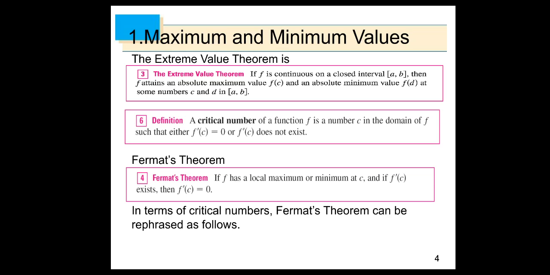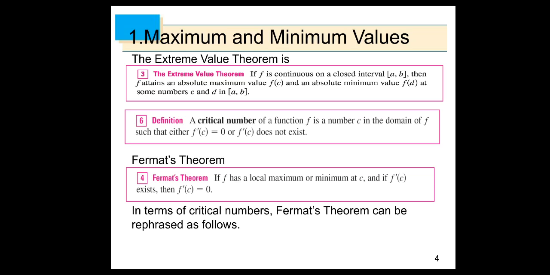Sometimes functions are continuous but not on a closed interval, and they go to negative infinity or positive infinity, but we have to keep in mind it should be continuous and have a closed interval, right? And then it has to have these absolute maximum and absolute minimum values in itself, right?